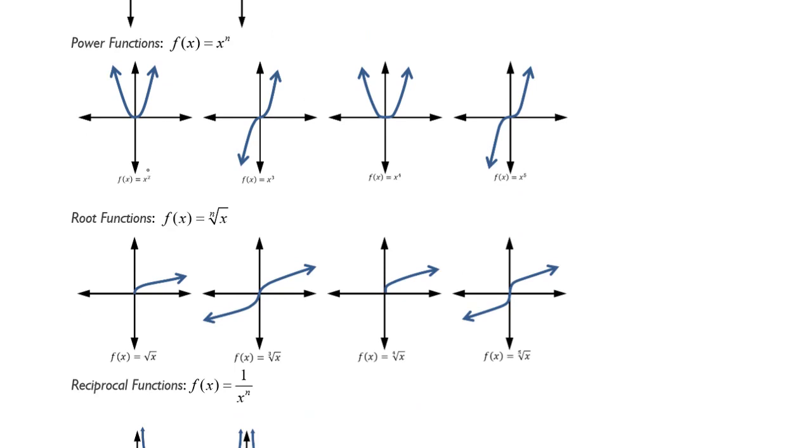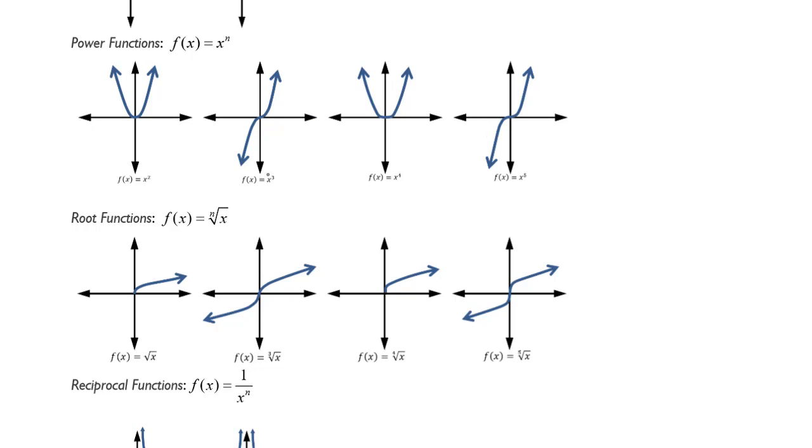Remember that even exponents produce upward-facing parabolas, and odd exponents create functions that approach negative infinity as the domain approaches negative infinity, and positive values as the domain approaches positive infinity.